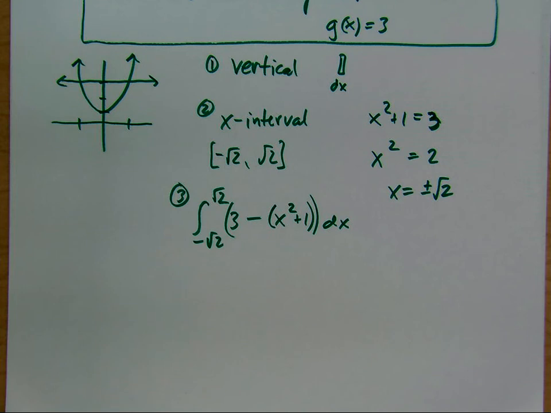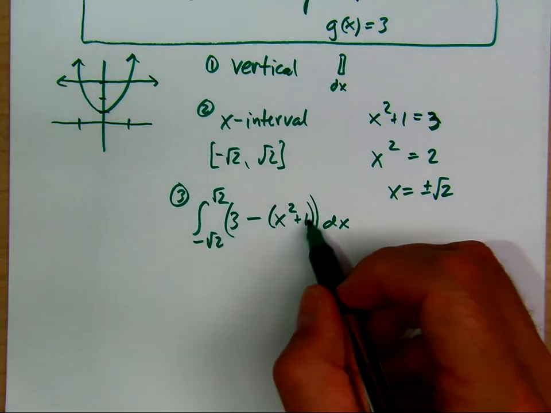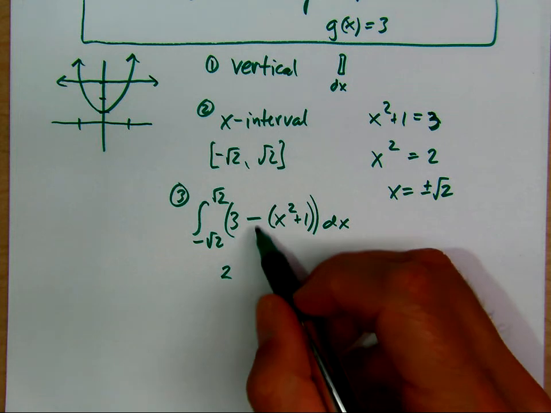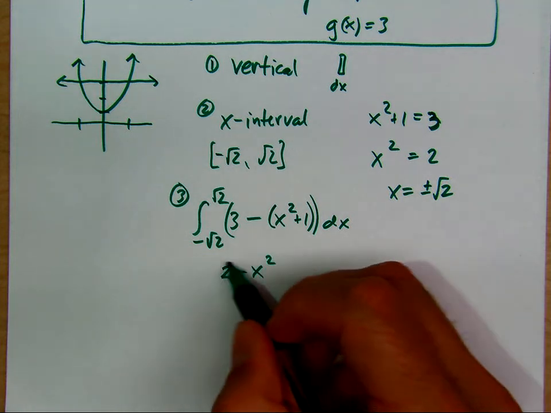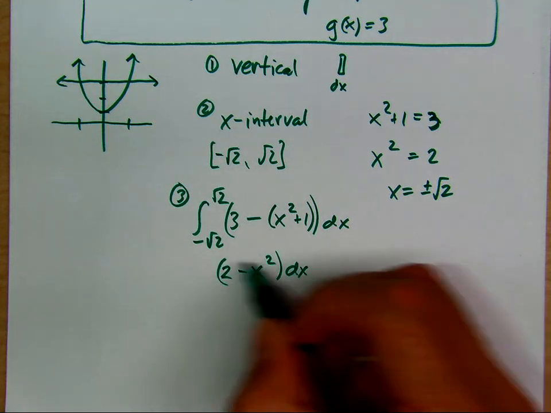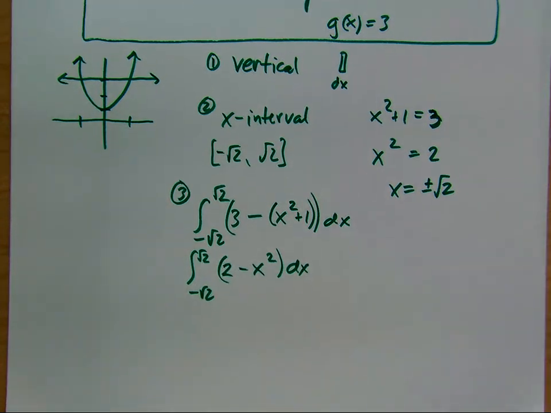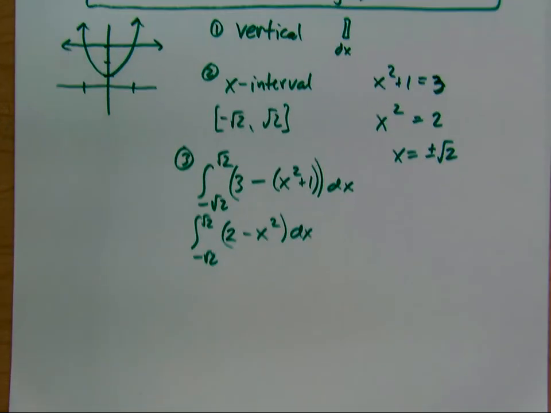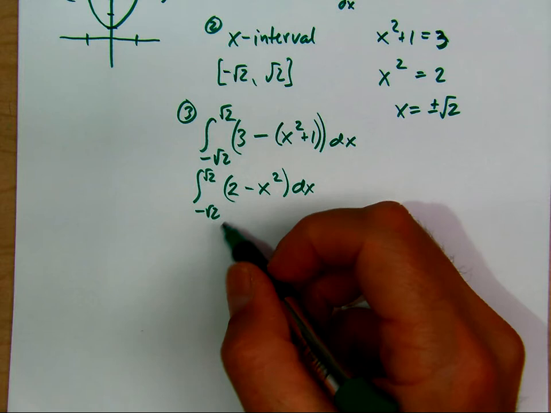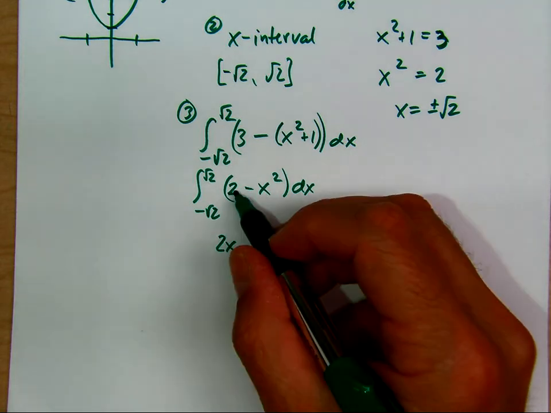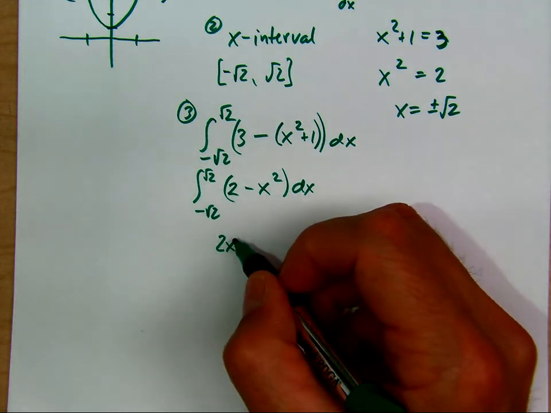And let's simplify it first. So 3 minus 1 is 2. 2 minus x squared. Now anti-differentiate, so the antiderivative of 2 is 2x.